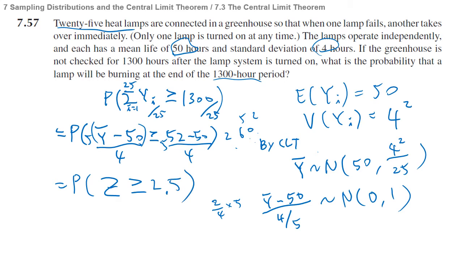So this becomes the probability that standard normal z is greater than or equal to 2.5, and if you use the standard normal table to calculate this value, you will find that this is 0.0062.